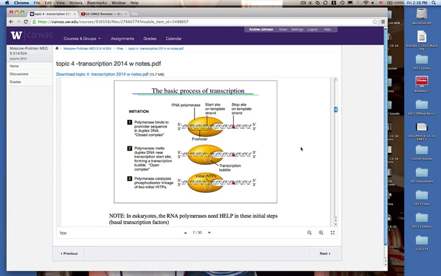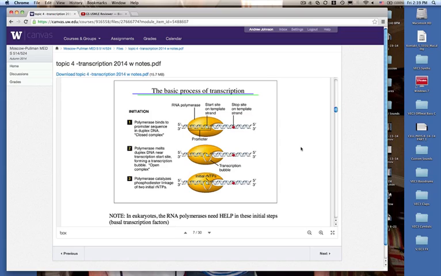Because there's a drug called rifampicin, or a bacterial antibiotic called rifampicin, and it's in your notes already, that targets the RNA polymerase of bacteria and targets this specific selectivity of being able to bind and see where the promoter is. So that obviously, right, is not a component of our polymerase, so it's not going to target us. We don't have that capability. Okay, so that's a cool us versus them thing as well.